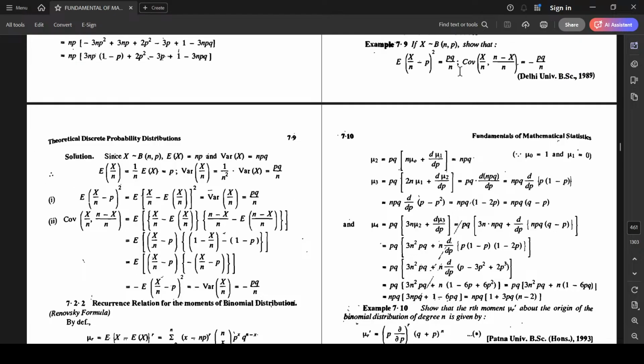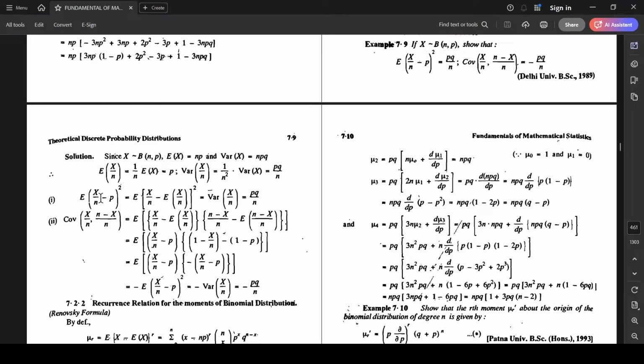First, this part: X by n minus p. So E(X by n) we have already got here, minus p. This was just p, so this will become p minus p. This was the value of p here: E(X by n) is equal to p.